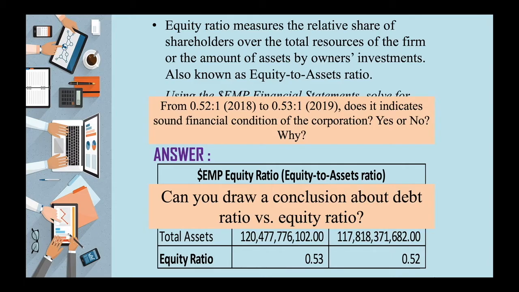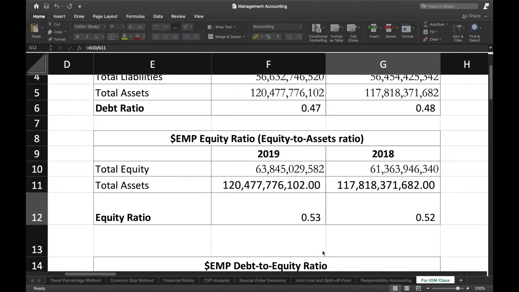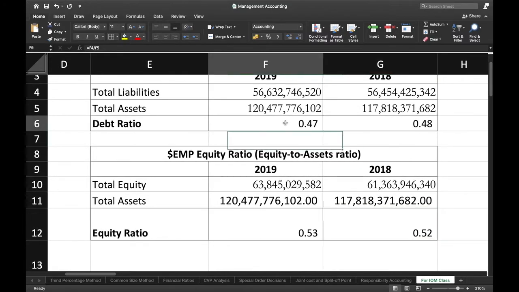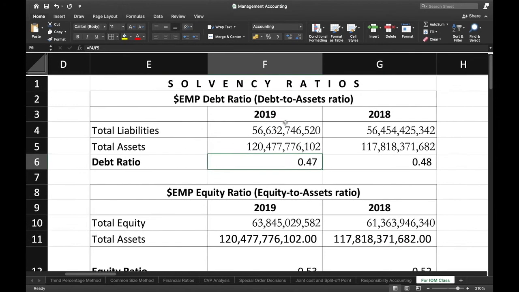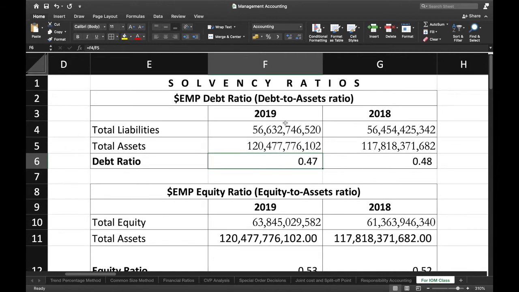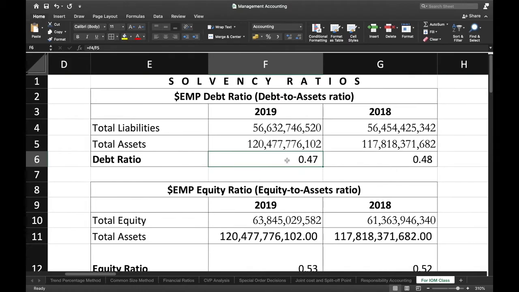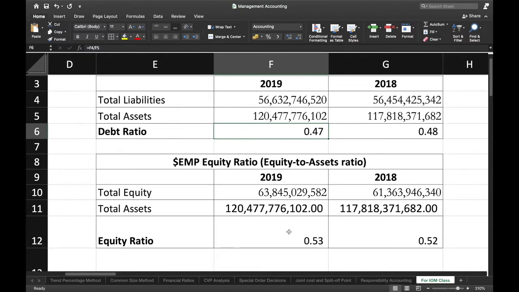No? So, can you draw a conclusion about debt ratio versus equity ratio? So, let's go back to our Excel for us to have the conclusion. Debt ratio tsaka equity ratio. Debt ratio, ito yung mga liabilities, no? Yung creditors versus sa total asset. 0.47. Sa equity ratio naman, 0.53.